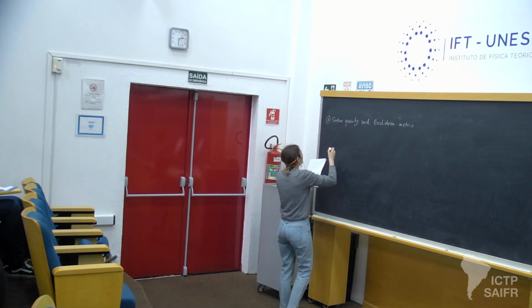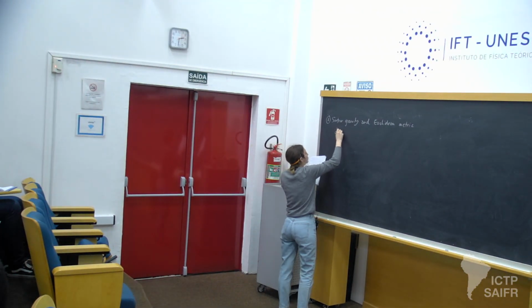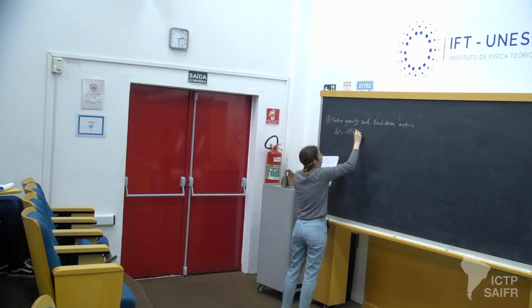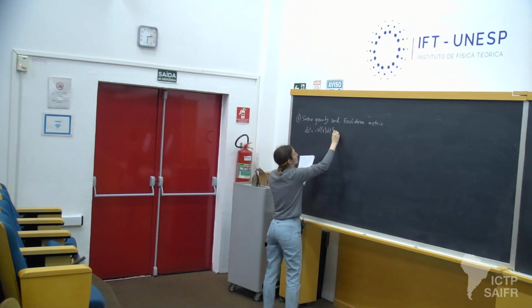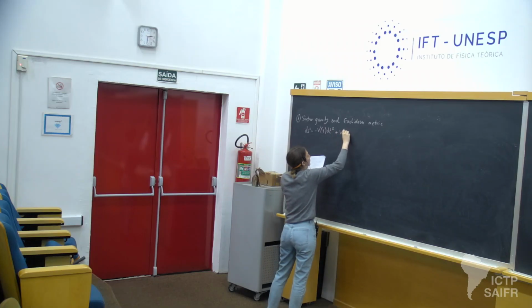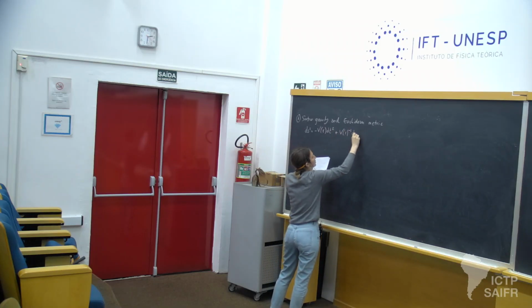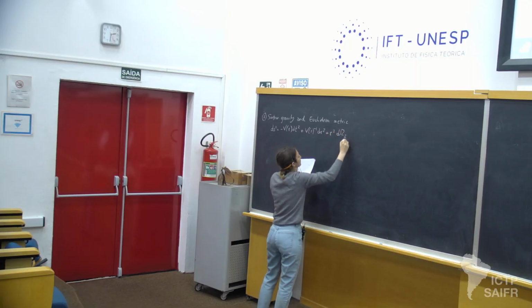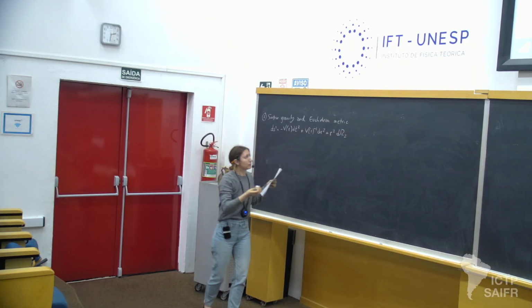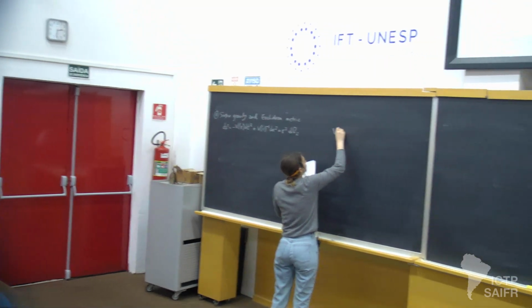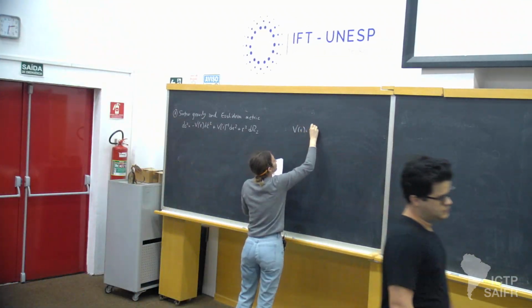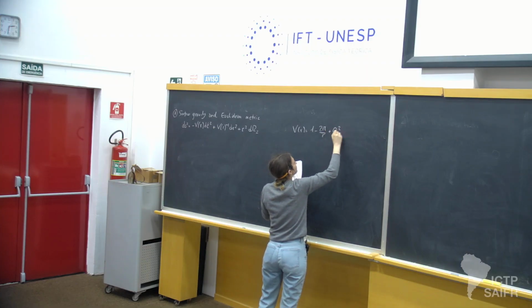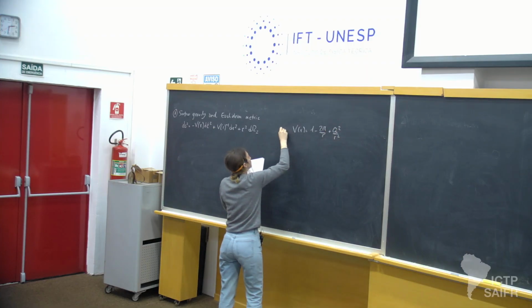If you have, for instance, a metric that looks like this, with a warp factor V of R, this is like a Lorentzian metric. For instance, the AdS Reissner-Nordström fits into this class of metrics. V of R for the Reissner-Nordström is something like V of R equals 1 minus 2m over R plus Q squared over R squared.